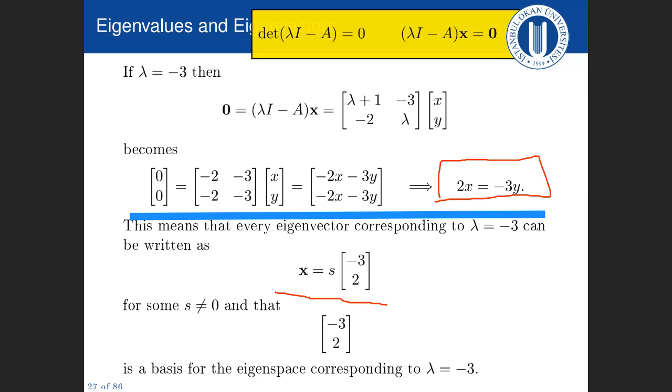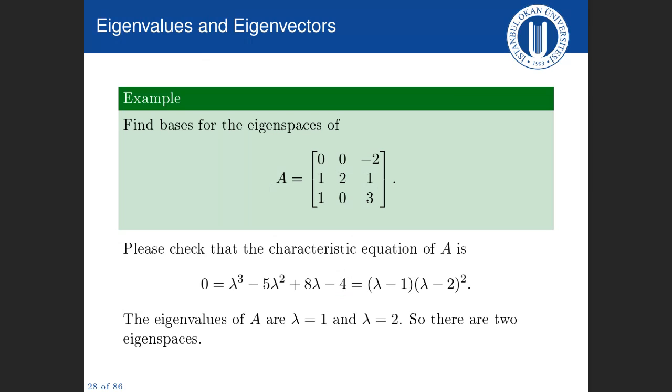Let's do a slightly harder example. Find bases for the eigenspaces of this 3 by 3 matrix. Well, first we need to find the characteristic equation, and then we need to solve the characteristic equation to find the eigenvalues.